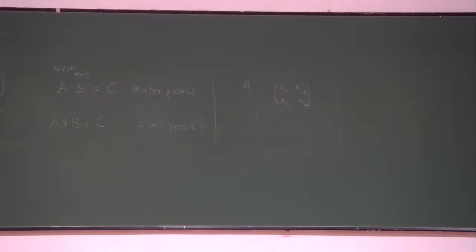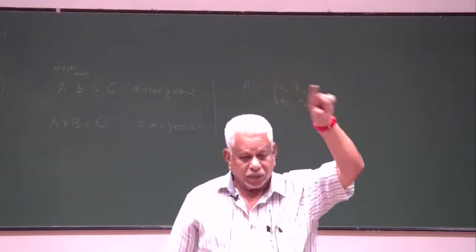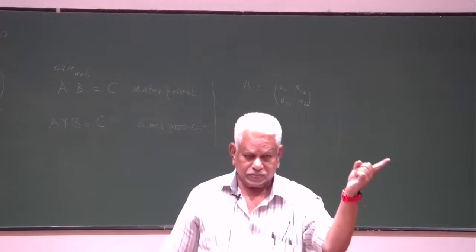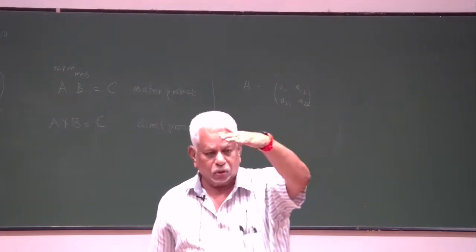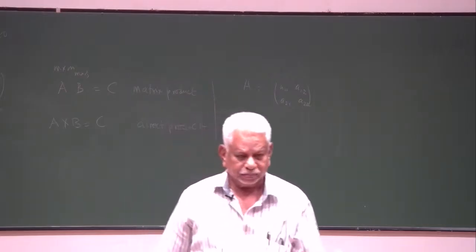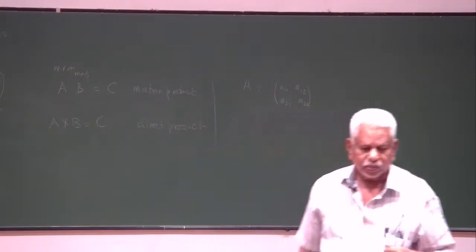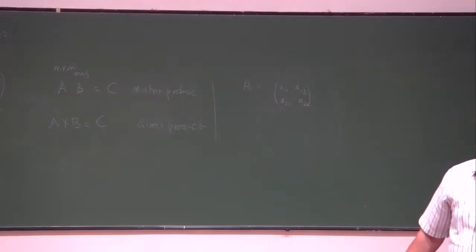You can even have a rectangular matrix N cross M, you can multiply by M cross P, but that M should be equal. Otherwise you cannot multiply. That is the rule, but generally we multiply square matrices of the same size, there is no problem.